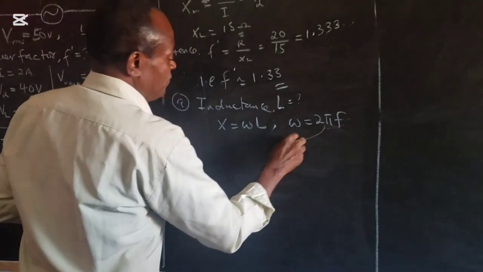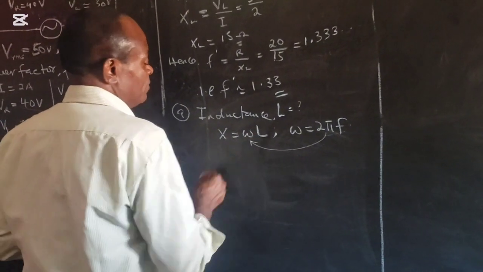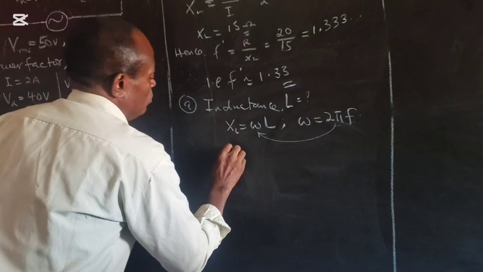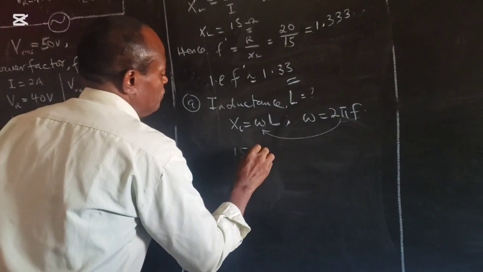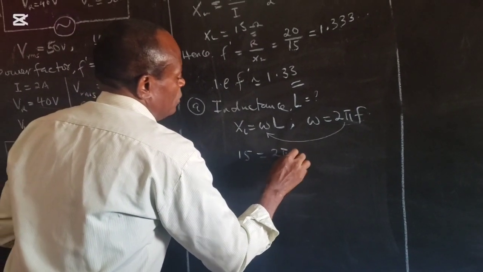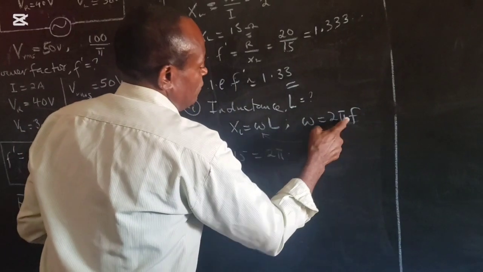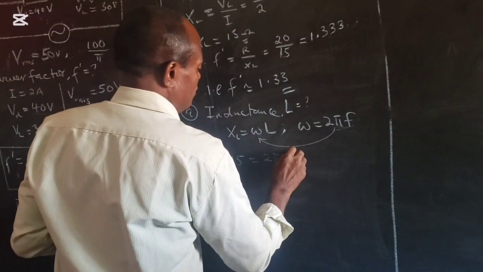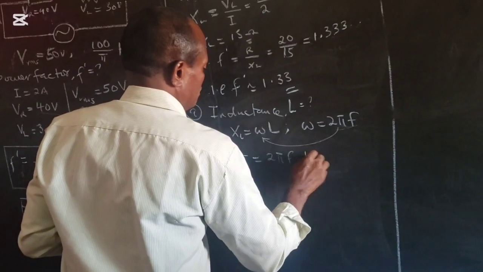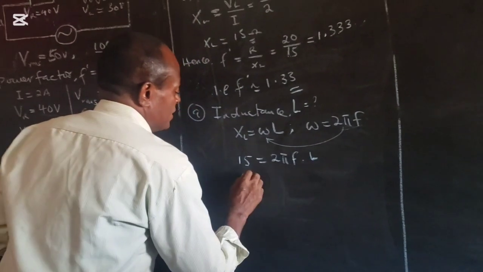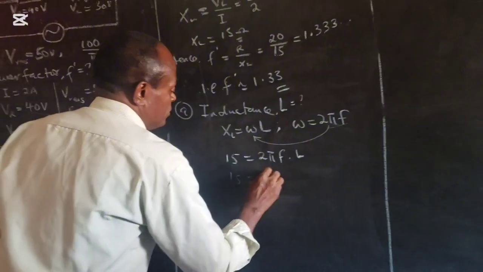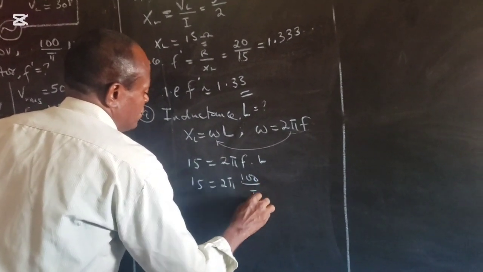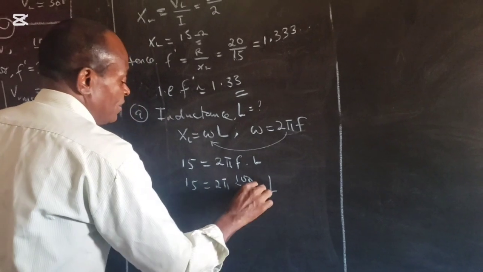So if we bring this value here in the place of angular velocity, this is XL, then if we substitute our values, our 15 is equal to 2 pi, the value of frequency, multiplied by 100 over pi times L.